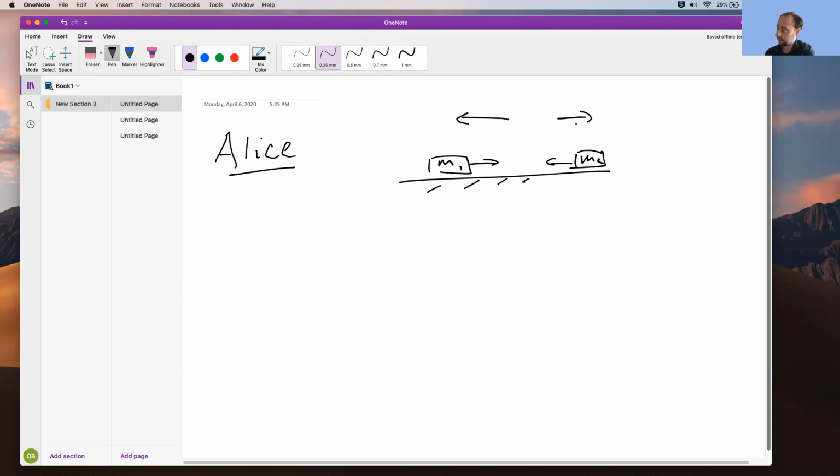Let's say this has V1 initial, and this has V2 initial. And after recoiling, this one will have V1 final, and this will have V2 final.